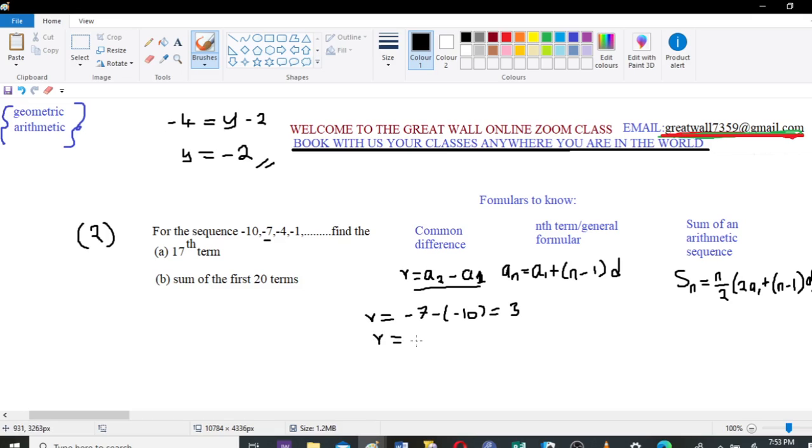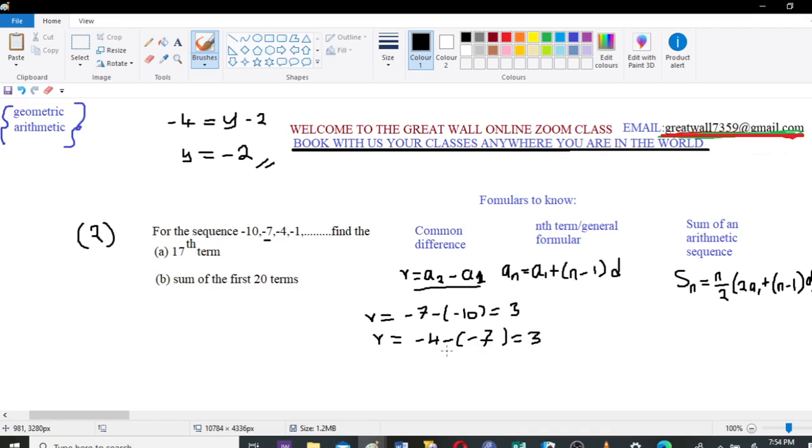The third term is -4, subtracting -7 from -4, what are we getting? We are also getting 3. If you use the fourth term, subtracting the third term from the fourth term, it will still give you 3. So 3 is our common difference.